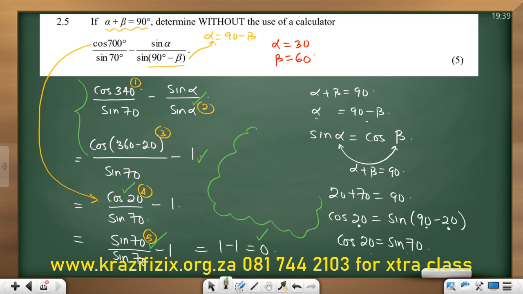Yes, sir. Everything makes sense. It's the same thing now. So it's cos 20 over cos 20 because sine 70 and cos 20 are the same, minus 1. It doesn't matter whether you change from sine to cos or cos to sine, whichever one you can change.